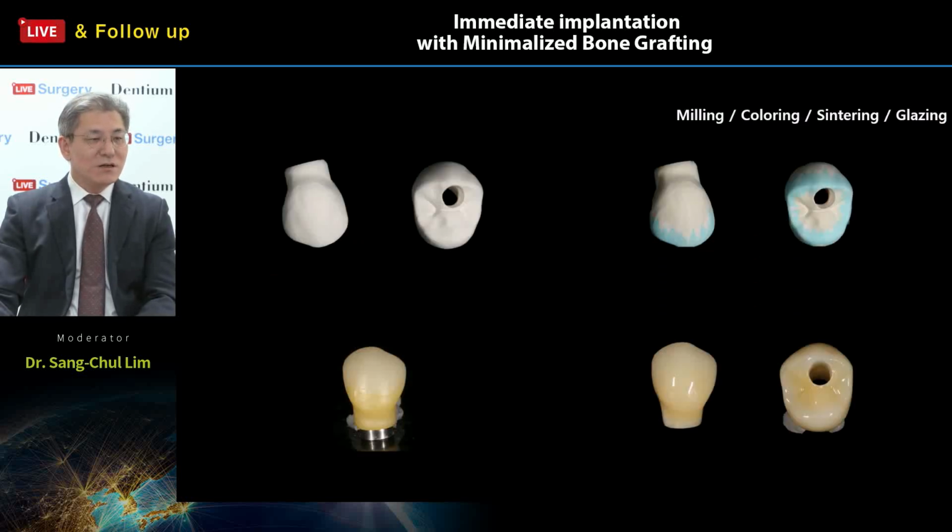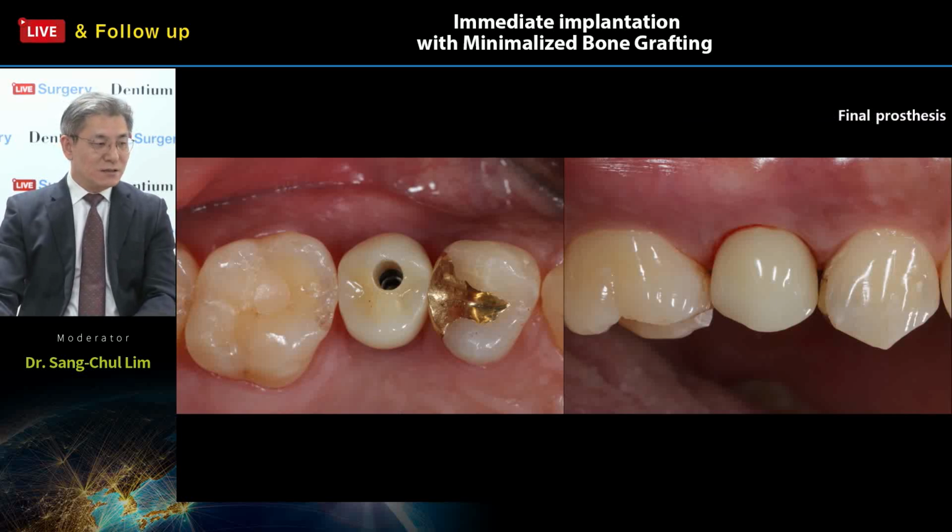And the milling, coloring, sintering, glazing, all the procedures were done for making the final restoration of the zirconia block, and connect the final restoration into the patient's mouth like this one. Very nice, well done, a good situation and good soft tissue molding.